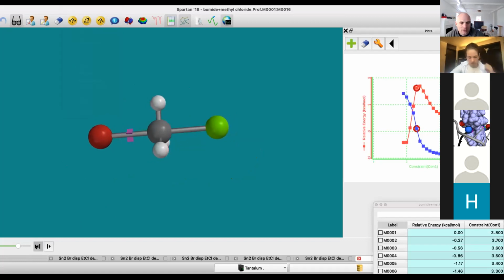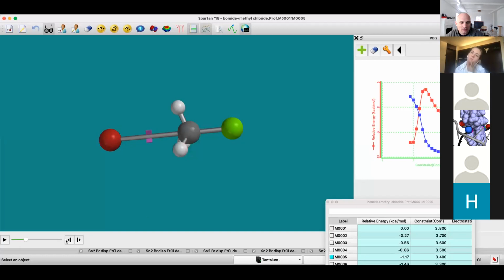So let me go back to the beginning here. All right, so here comes bromide in solution, found the substrate, attacking carbon, going through the transition state, flopping those hydrogens over. Okay, it's kind of like dancing left and right, right? So it's pretty cool, yeah?